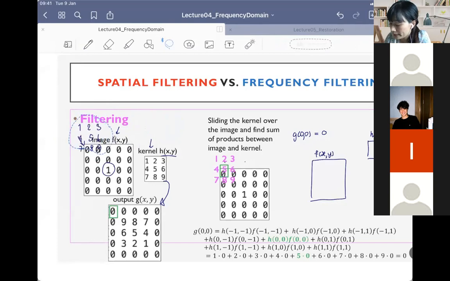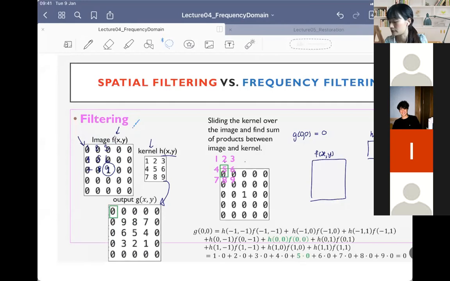It all becomes 0 until it reaches this position, where number 9 and number 1 overlap. You find the multiplication and you get the value of 9 here. You do the same thing all over, and you will get this as the result. So this is the filtering.